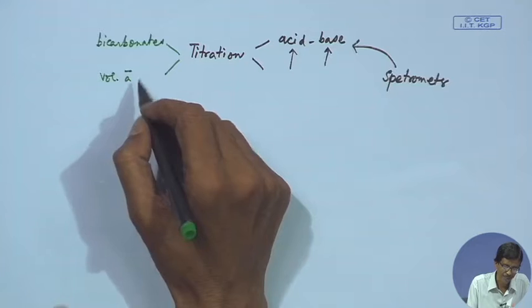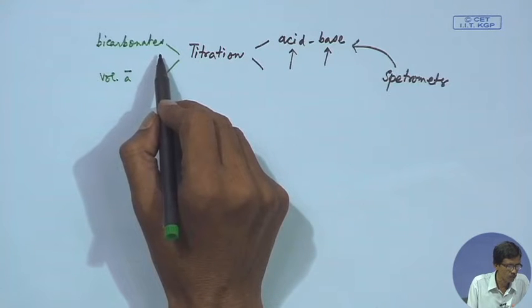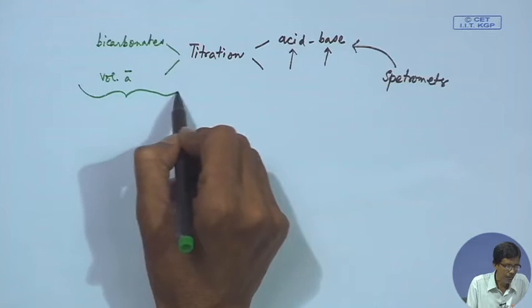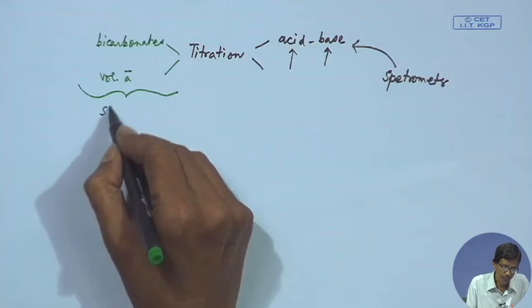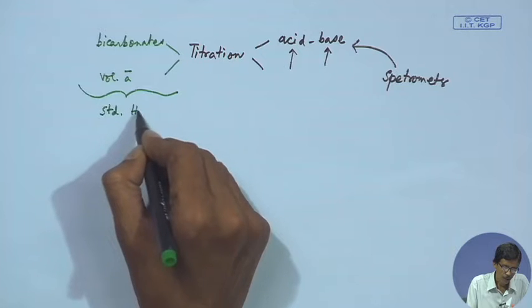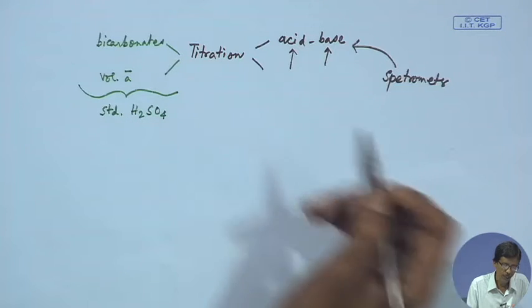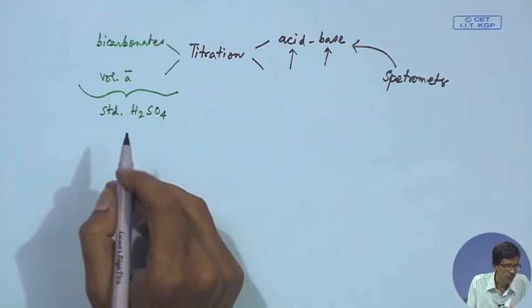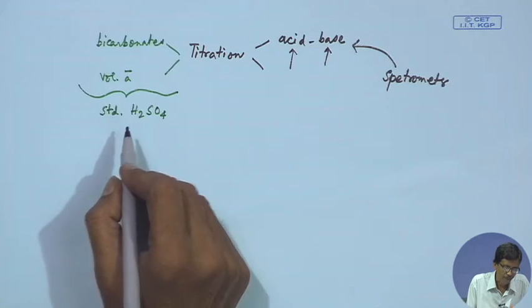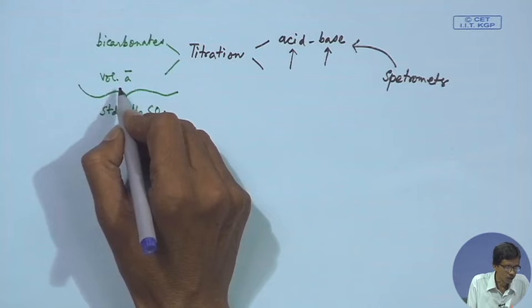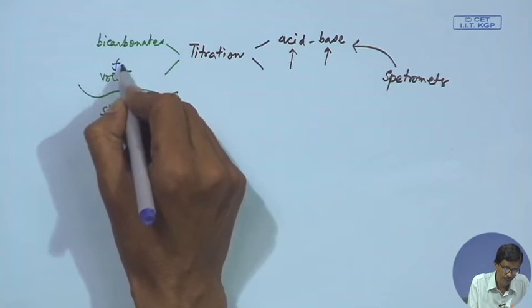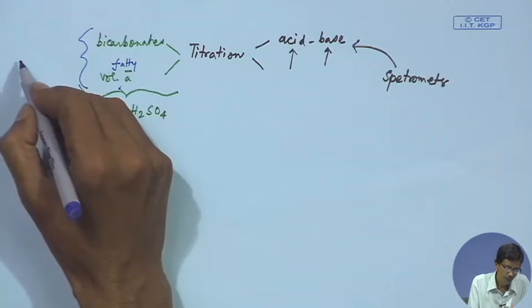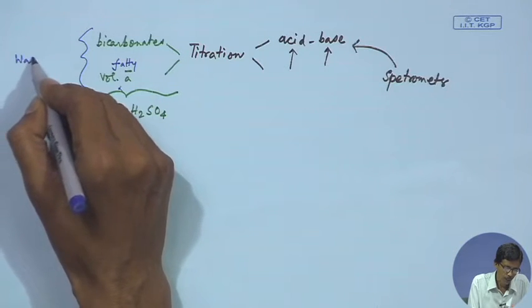So, the volume of the acids or the amount of the bicarbonates we can go for titration. So, we can analyze these by using a standard sulfuric acid solution. That means a known solution of sulfuric acid can react with that particular acid. So, the corresponding volume of the fatty acid, so this is a mixture of fatty acids, is obtained after degradation of wastewater.